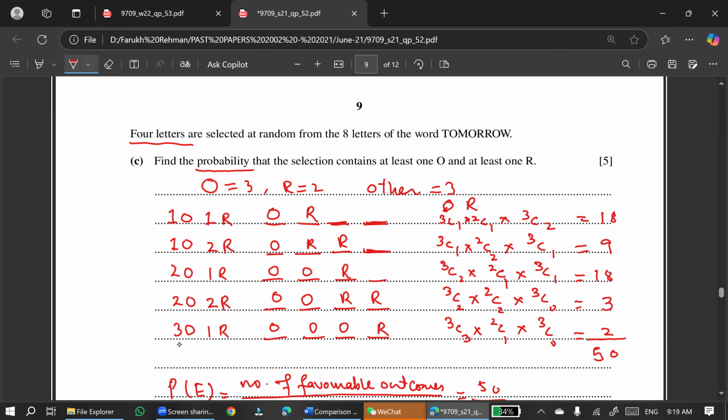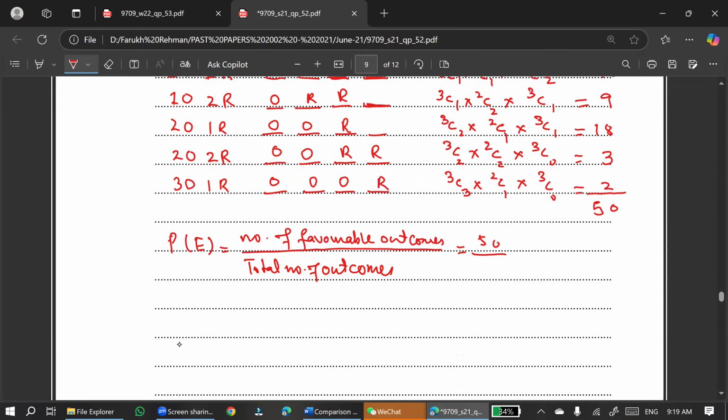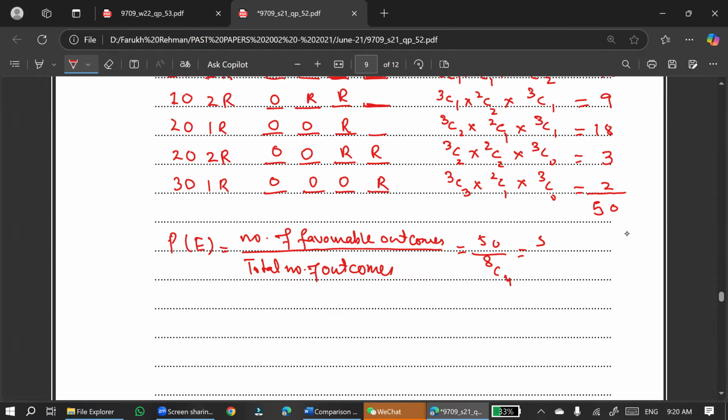We want to select 4 letters from 8, so 8C4. We will use a calculator to find the final answer. The final answer is 5 over 7.